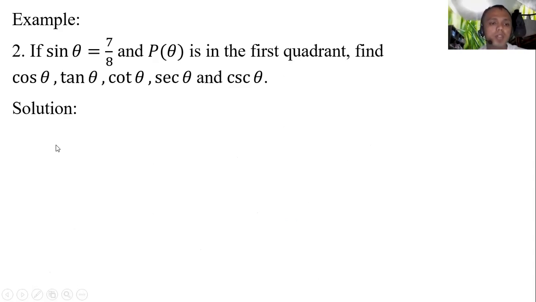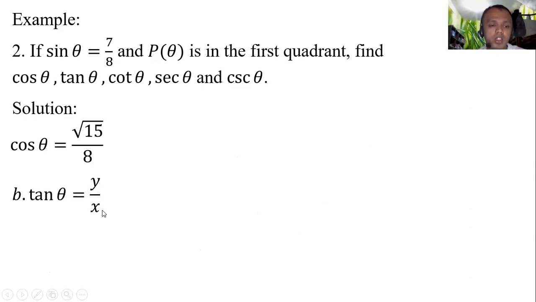Now, since nahanap natin si cosine theta, find tangent theta naman. Your formula for tangent theta is y over by x. Okay? So anong y natin? Si sine theta. Ano si sine theta? 7/8. Si x naman natin is si cosine theta. Ilan si cosine theta? Square root of 15 over by 8.